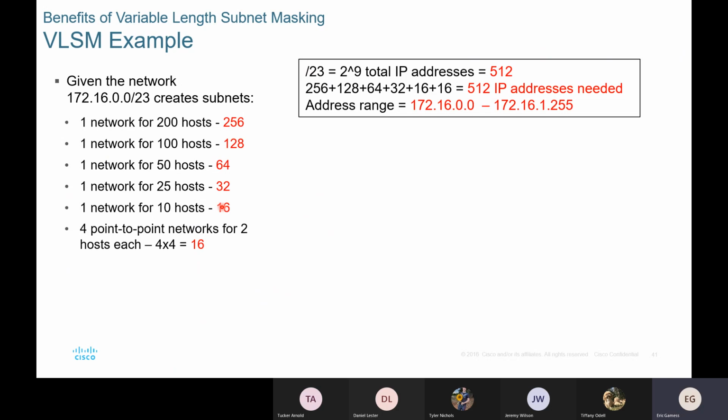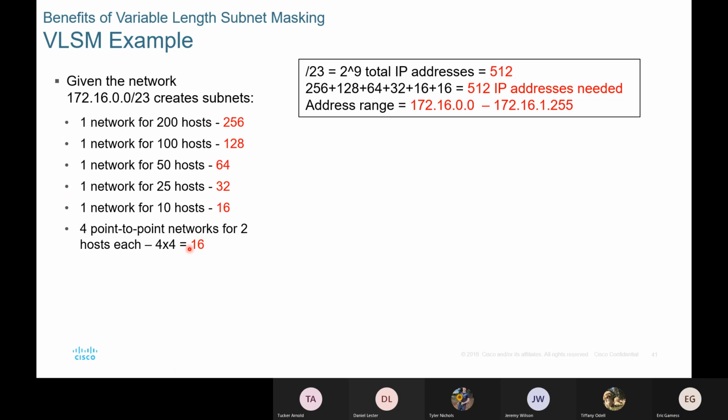Remember, you are going to lose 2 IP addresses, the first one and the last one, so valid will be 2. This is exactly what you need in a point-to-point network, because you connect 2 devices, and if you connect 2 devices, you need 2 IP addresses. So if we have 4 point-to-point networks, and each network will have 4 IP addresses, we need another 16 IP addresses.